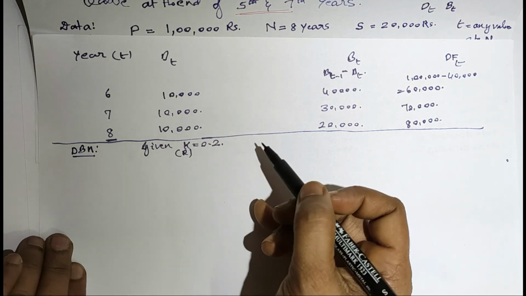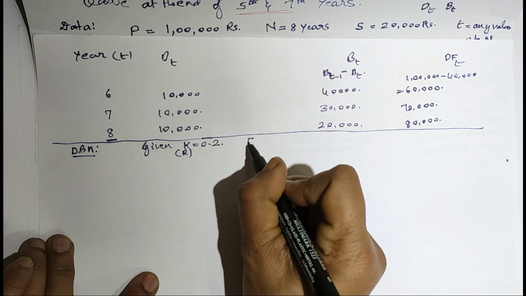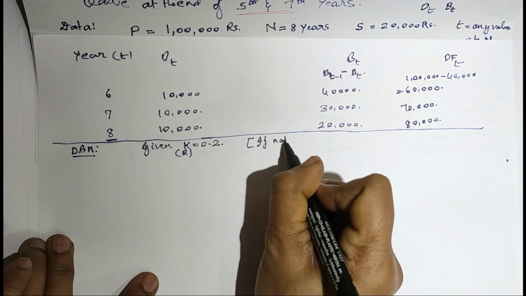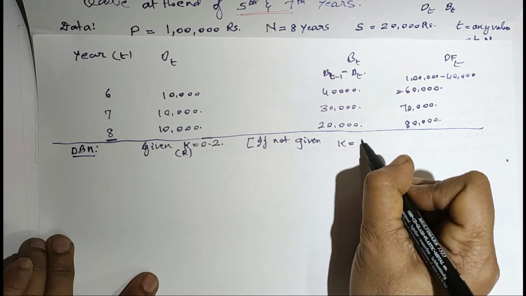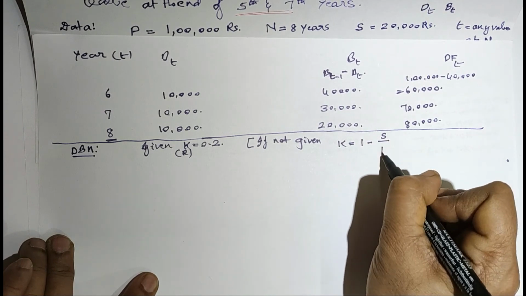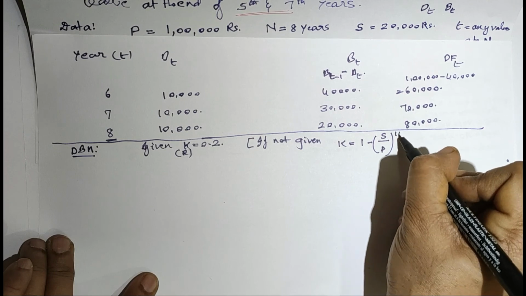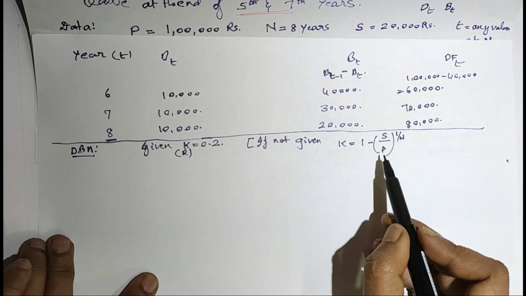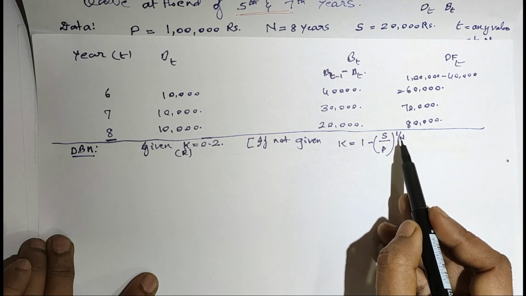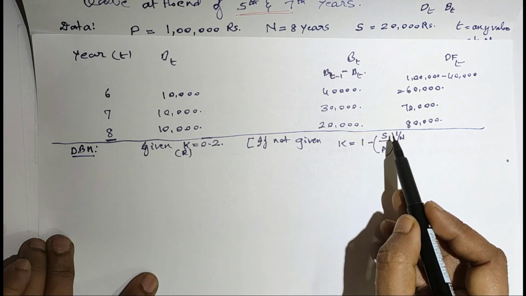If not given, how do we calculate? This is only if not given. The formula is K equals 1 minus (S by P) raised to the power 1 by N. If you substitute, be careful here: 1 by N is applicable only to this fraction, not to the whole thing.